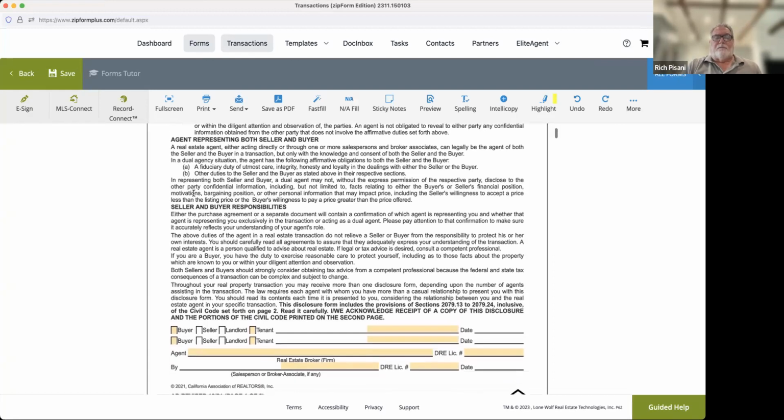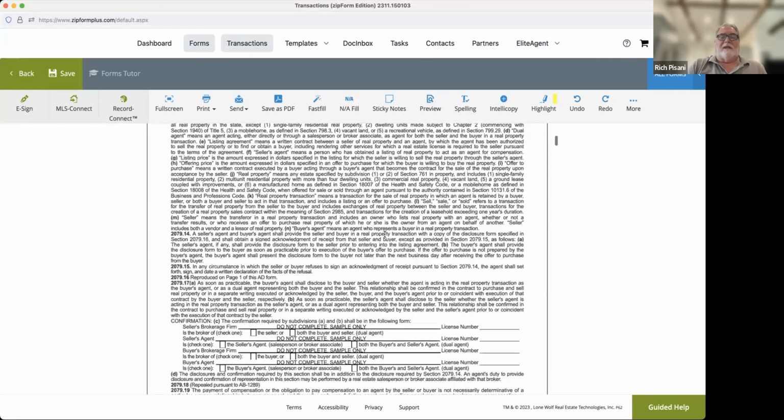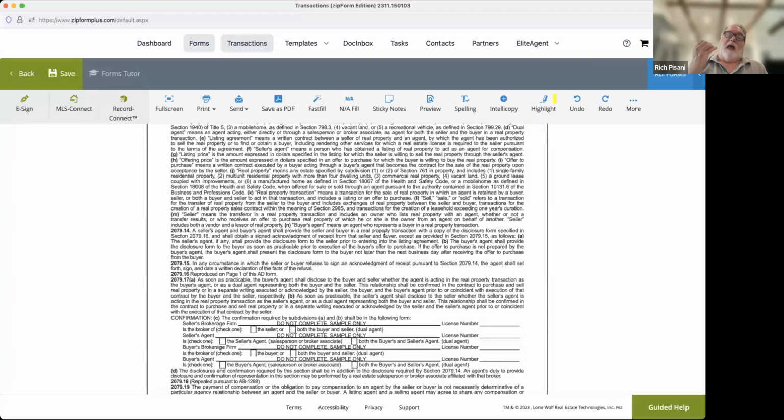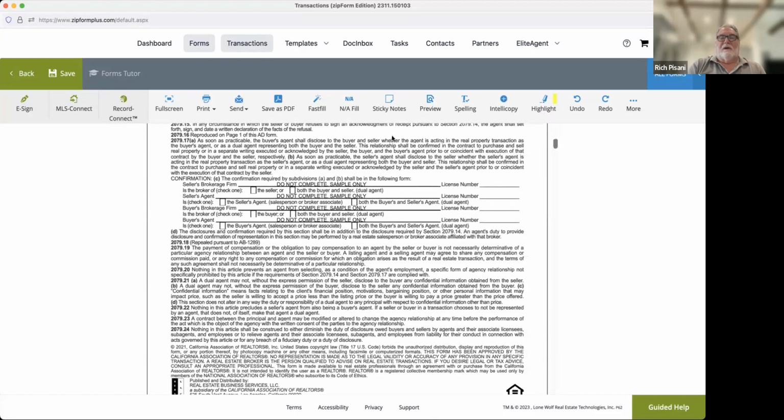And then your client signs them. The second page is what the actual code, the law, or the ordinance is, and it's actually a law. It's a duplication of how it appears in the books, so that's all the civil code as it appears. And then you're going to see here the confirmation, that's the second part of the law.